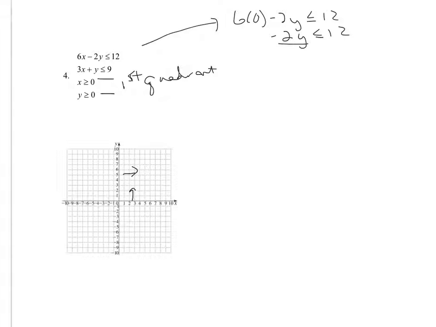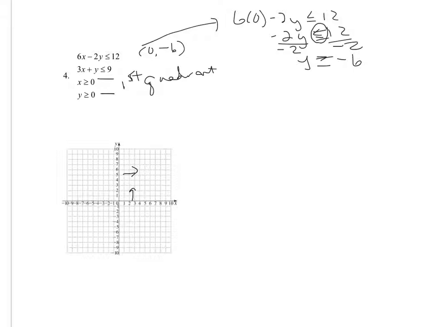If I divide by negative 2, now again, be careful. If you're multiplying or dividing by a negative, don't forget you have to flip your inequality. That's going to give you y is greater than or equal to negative 6. Technically, since we're looking for intercepts, the inequality doesn't matter. We're looking for y equals negative 6, and that would give us the intercept 0, negative 6.